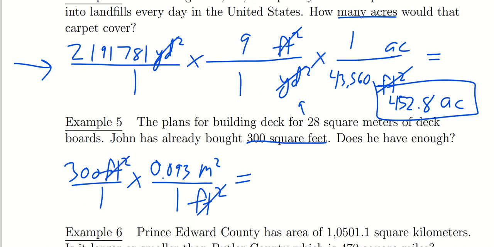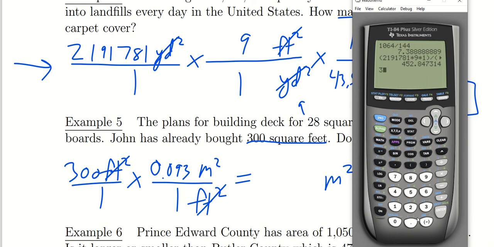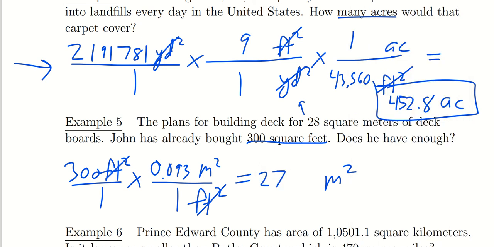These will cancel. Our final answer will turn out in terms of meters squared. And now we just multiply. So we're going to have 300 times 0.093, which is 27.9. So John has 27.9 square meters.